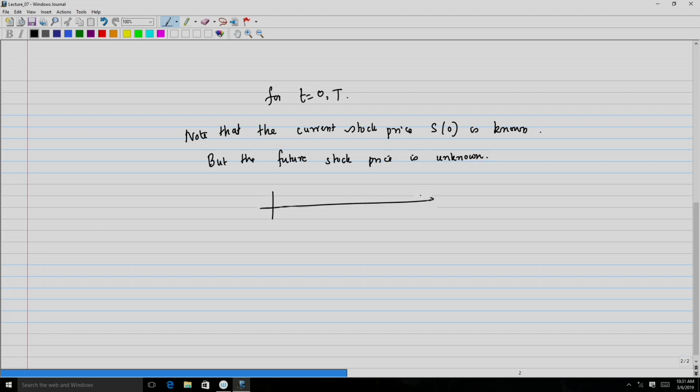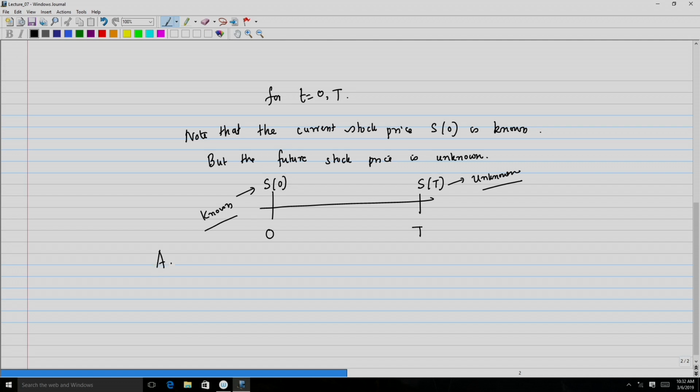So, this means that you have two time points 0 and capital T. The price of the stock at 0 is S0 and price of the stock at time capital T is ST. So, this S0 is something that is known and ST is something that is unknown.